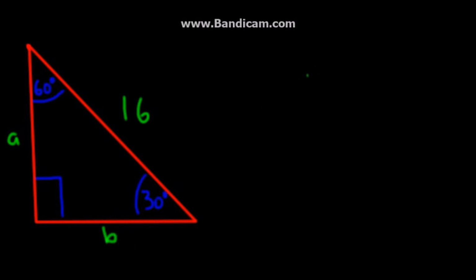Alright, so we had two formulas that we could have used, and we're going to use the first one, which is short leg times 2 equals the hypotenuse, since the hypotenuse is given. So let's just do that. So short leg is A, so A times 2 equals the hypotenuse, which is 16.